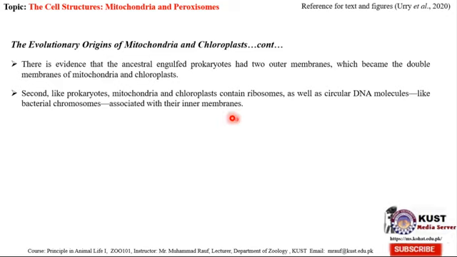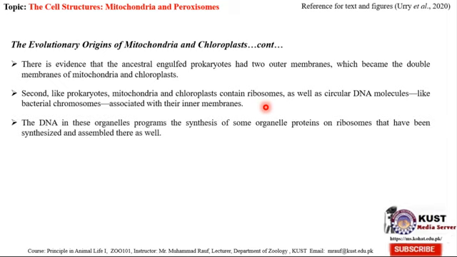So their genetic material is also in this form, and they have ribosomes, which gives an indication that these simple prokaryotes were supplied with not only their genetic material but also with ribosomes. So this is yet another proof which validates endosymbiotic theory.